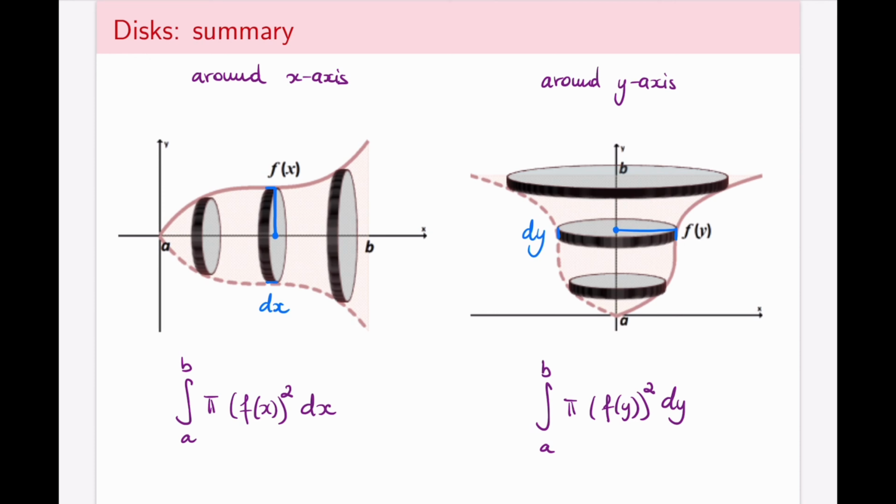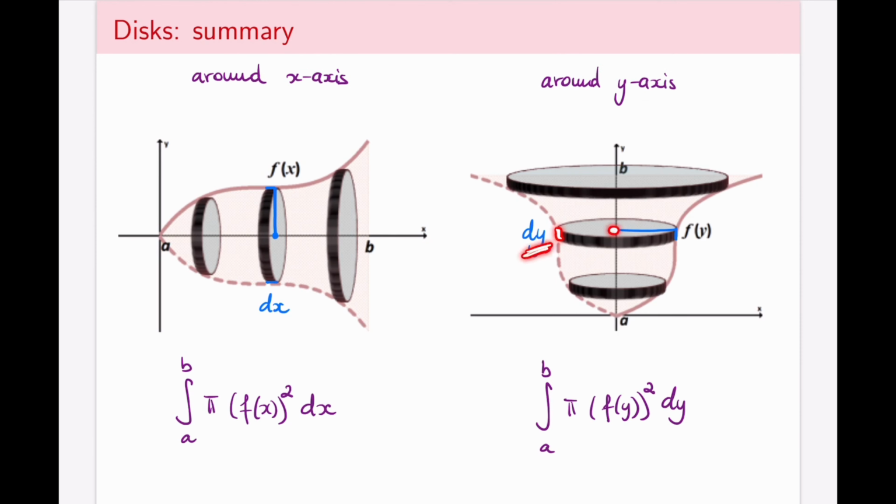So just a little thing to remember, when rotating around the x-axis with disks, you're going to get an integral in terms of x, because the thickness of the disk is what spans along the x-axis. If you're rotating around the y-axis, the disk will be centered on the y-axis.